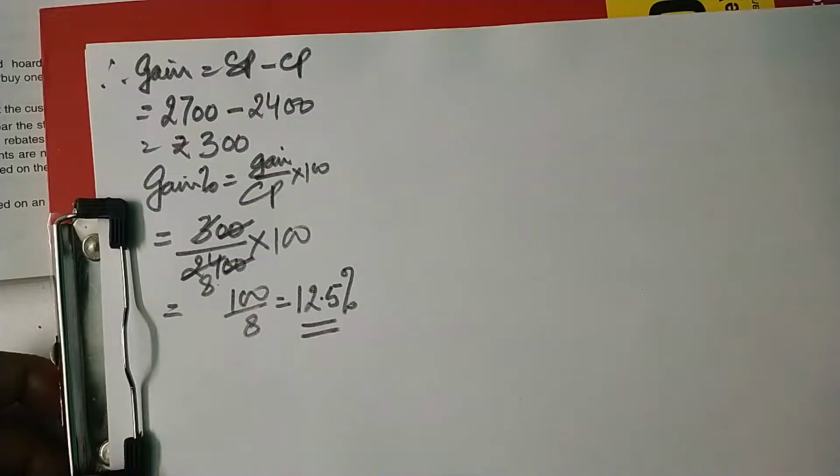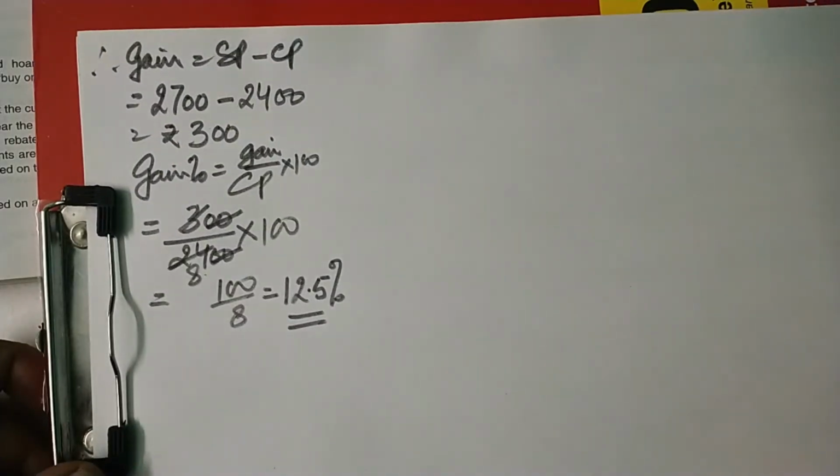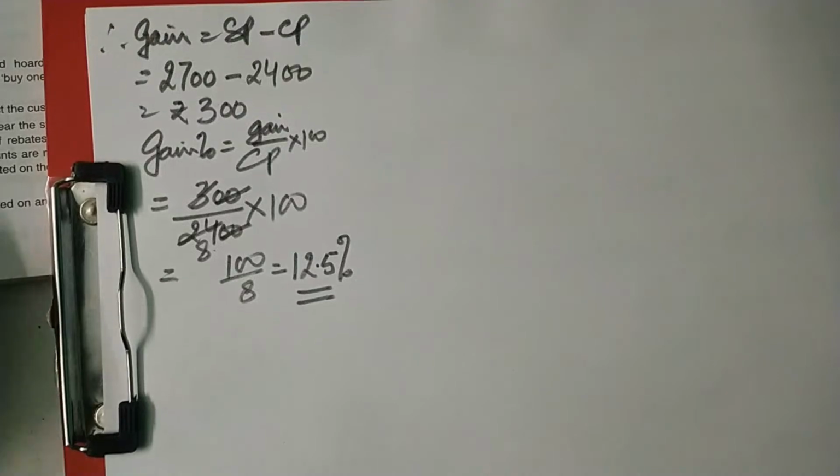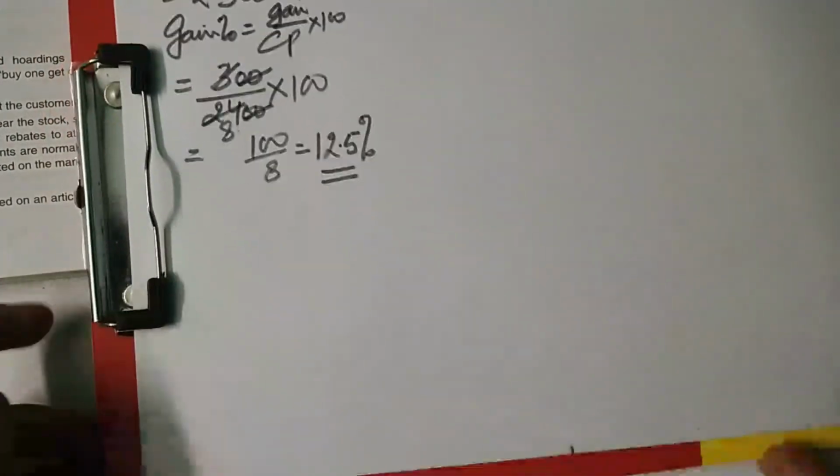A person bought 20 chairs for 12,000 and sold them at a profit. Here also there is a number. So you will first find the CP of the 20 chairs for 12,000.